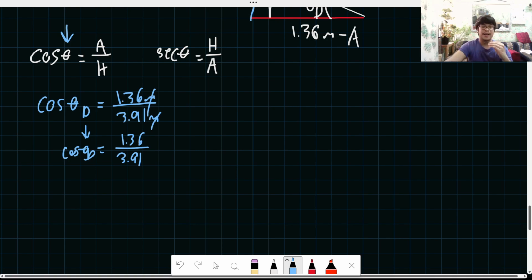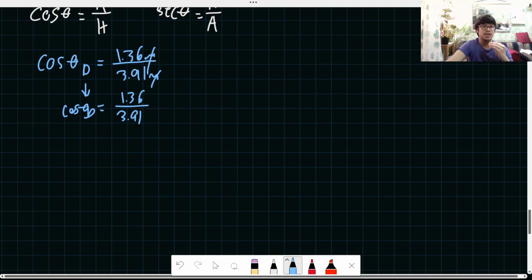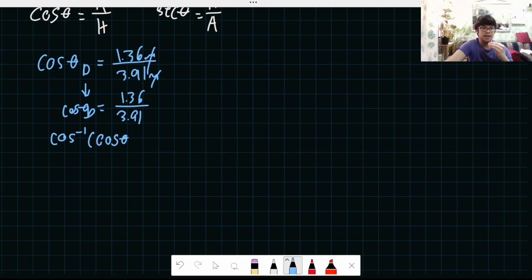In finding an angle, we use the inverse trigonometric function, and that depends on the trigonometric function you have. So you have cosine theta, so we use inverse cosine on both sides. Inverse cosine of cosine theta is equal to inverse cosine of 1.36 over 3.91.